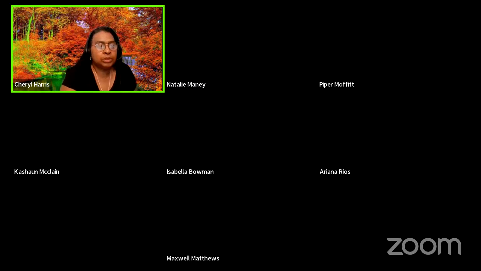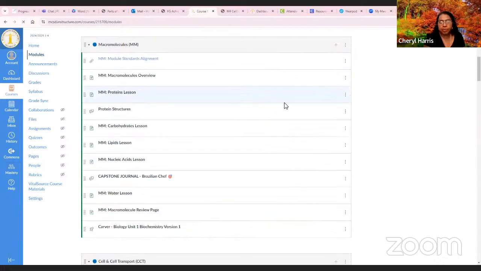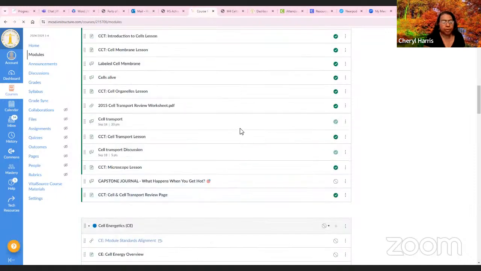All right, if you go to module CCT, Cell Transport Review page, it should be the last thing in the module. I'll share again. So if we're looking at the module, we're at the end of the CCT module, and you'll see the Cell Transport Review page.